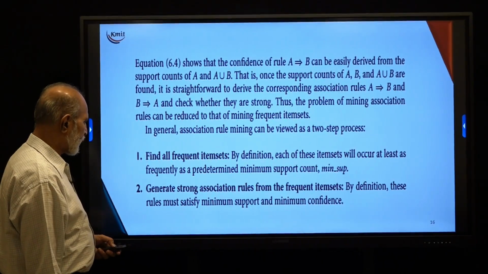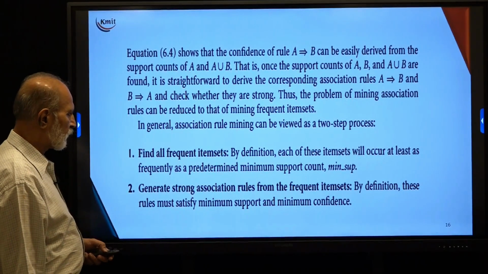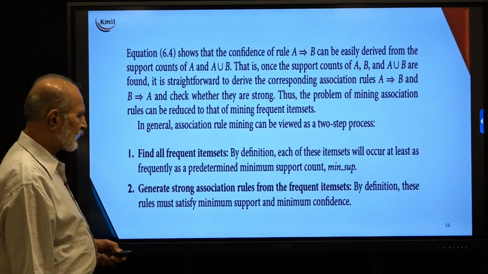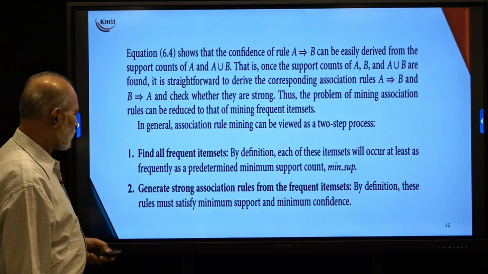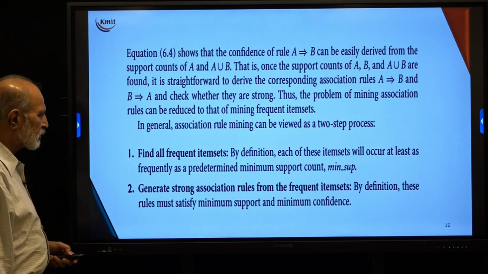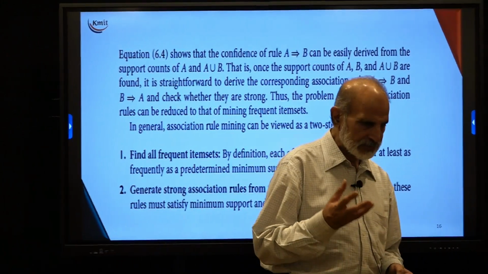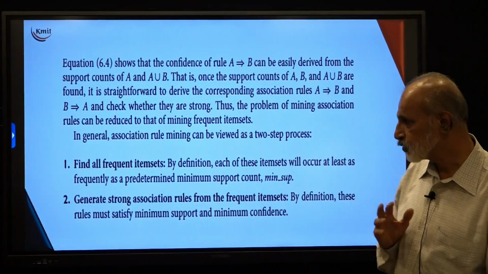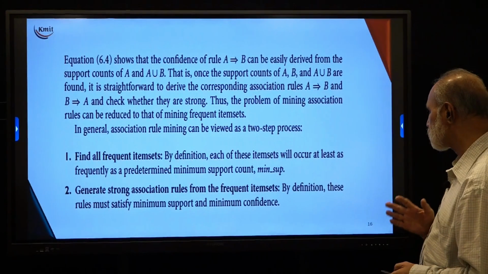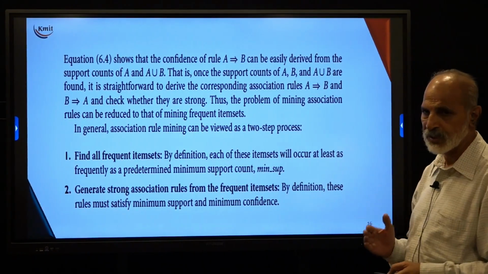Second, generate strong association rules from the frequent itemsets. By this definition, these rules must satisfy minimum support and a minimum confidence level. So just now I tried to explain two very important association rule measures, minimum support and confidence level.